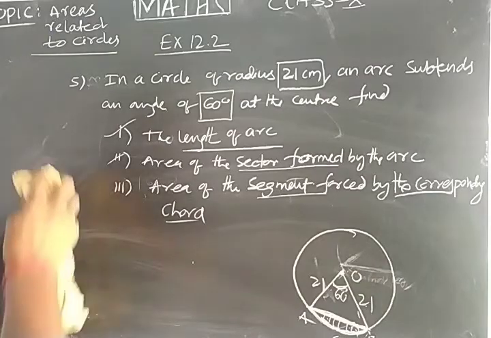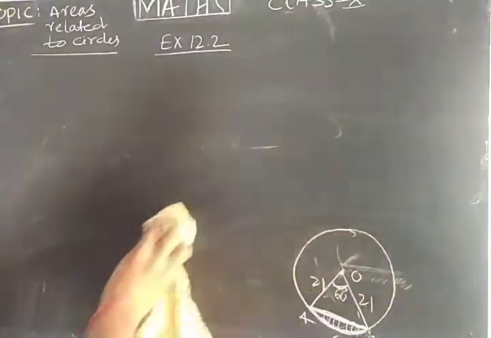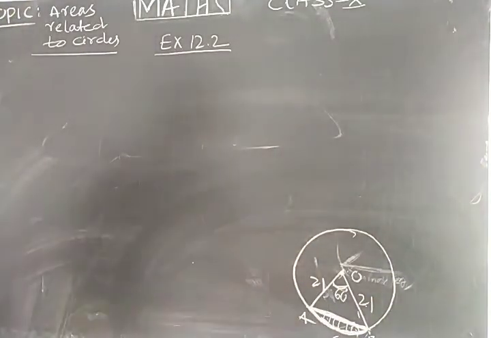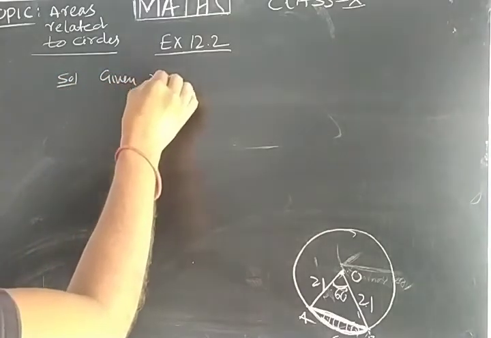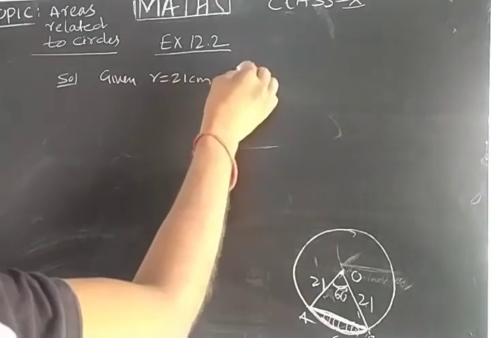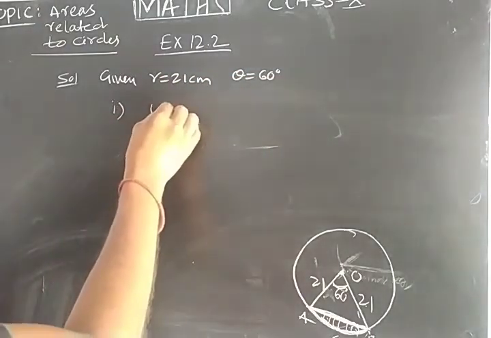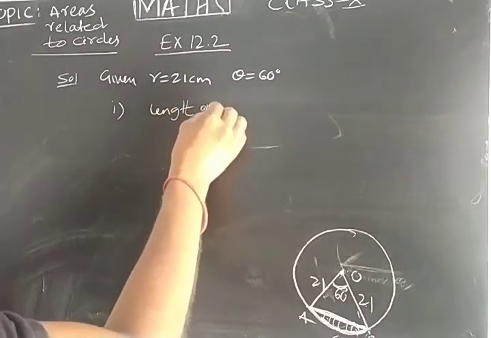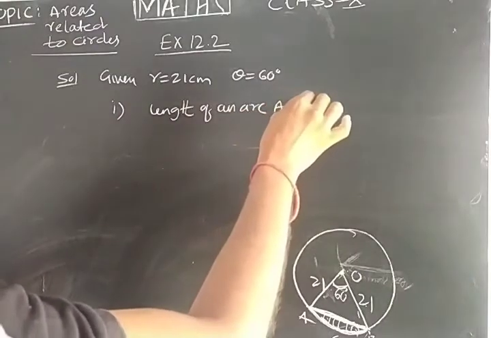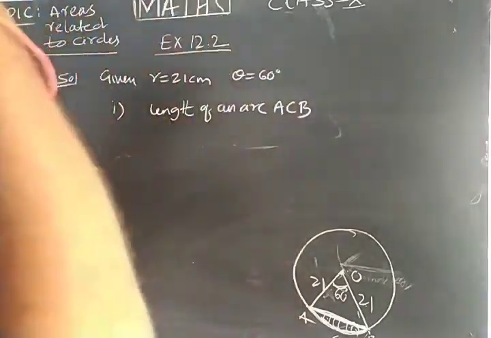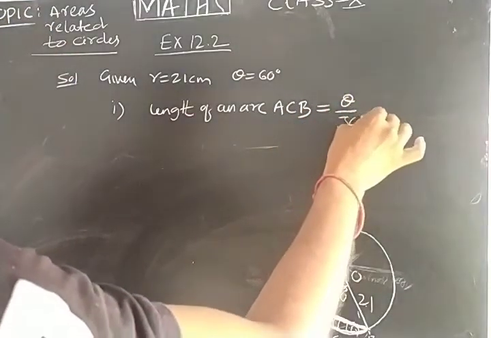Right. Now I am going to solve the given question. First I will find the length of the arc, next the area of the sector. Solution. Given radius 21 centimeters, theta 60 degrees. First problem, length of arc. The length of arc ACB is equal to theta by 360 into 2 pi r.